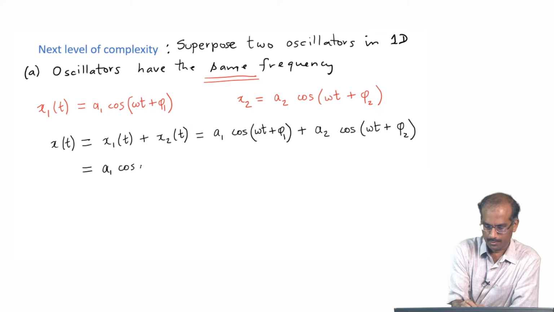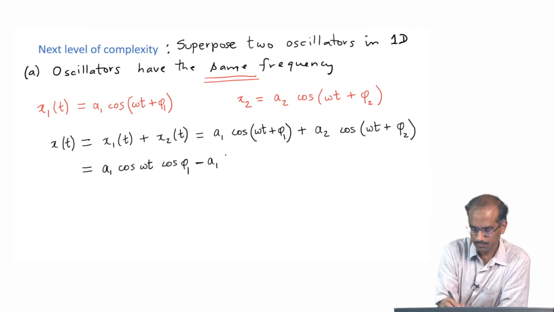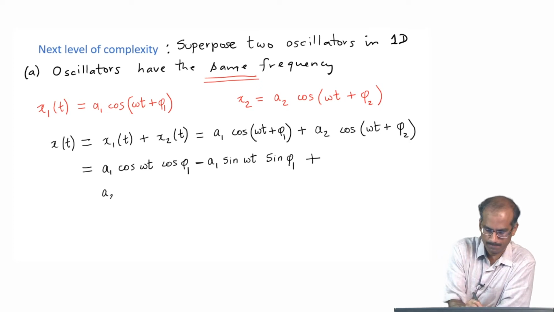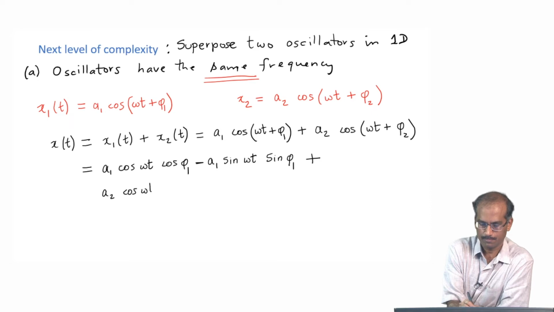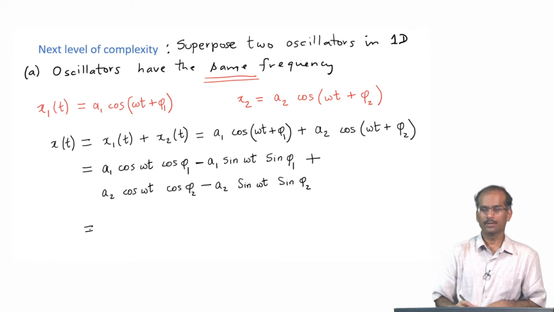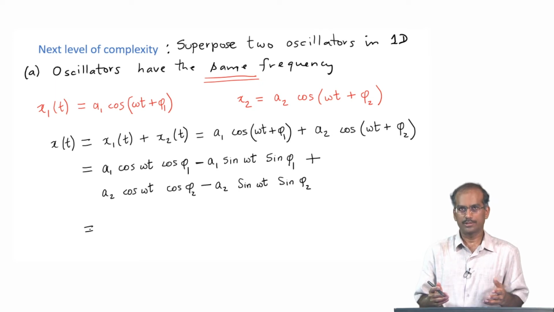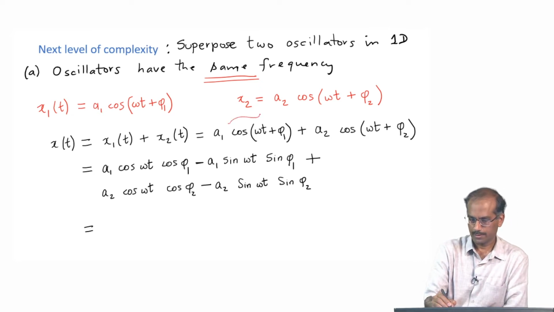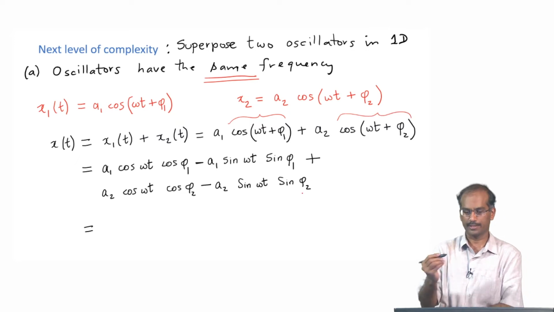A1 cos omega t cos phi 1 and so on. So, I have essentially used the cos(A plus B) formula, expanded this cos(A plus B) term here and written it in full.